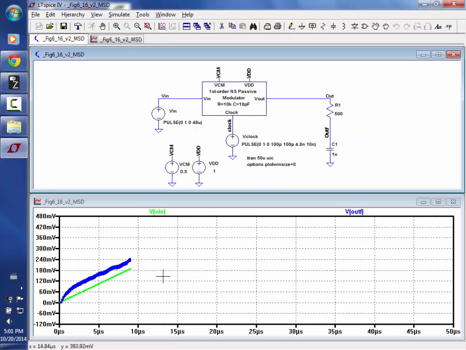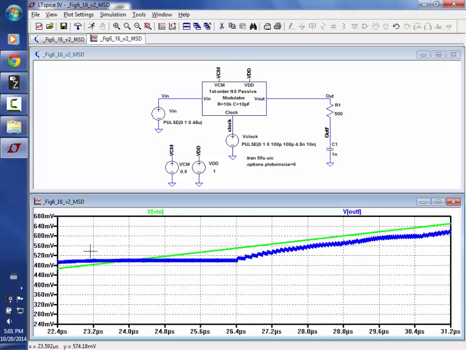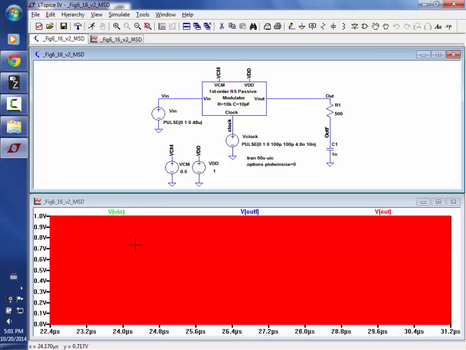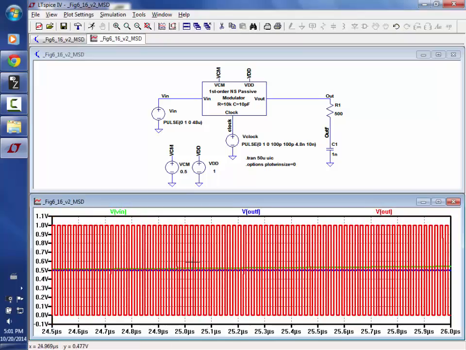You notice that when I'm around the common mode voltage here, the output is repeating. Let's just zoom in. It's just going 1 0 1 0 back and forth, and the output kind of stays fixed, right? So it's going 1 0 1 0 1 0.